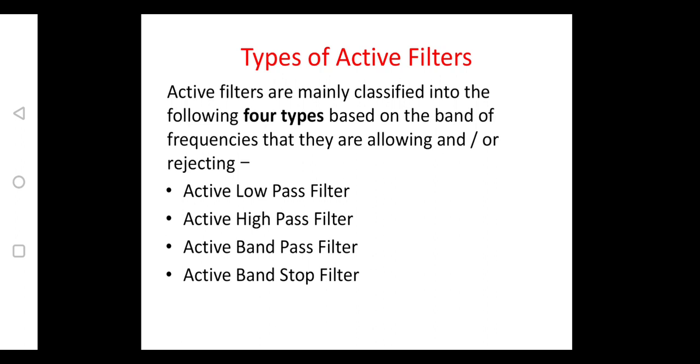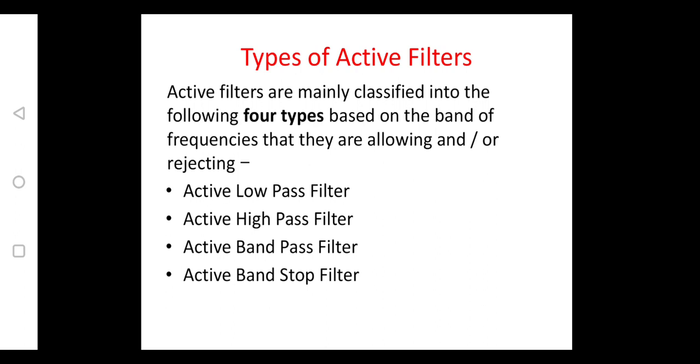Active filters are classified into 4 different types depending upon which frequencies are going to be allowed and which frequencies are going to be rejected. The first one is active low pass filter, then active high pass filter, band pass filter and band reject filter.